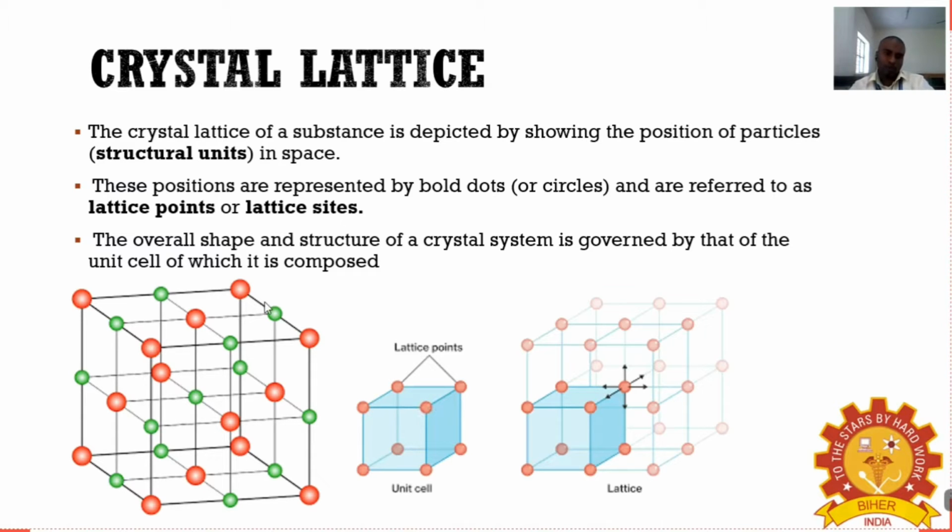The overall shape and structure of a crystal system is governed by the unit cells. You see the figure. This crystal lattice is made up of smallest boxes. That small box is called the unit cell. So crystals are made up of a large number of unit cells arranged in a three-dimensional manner.